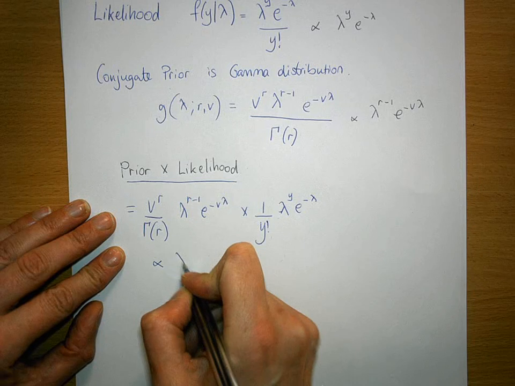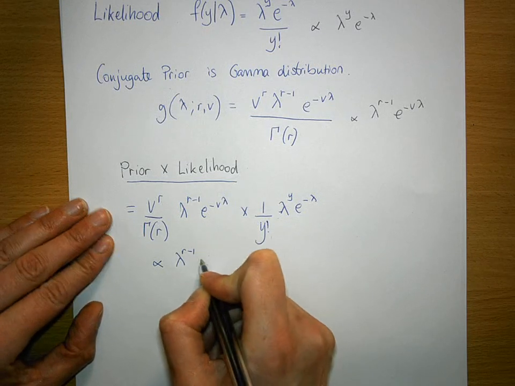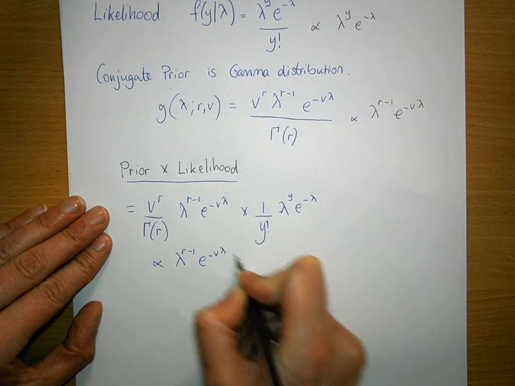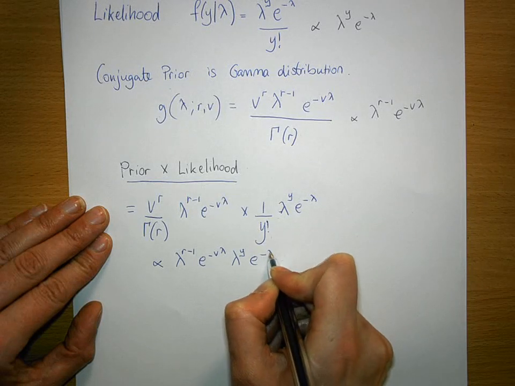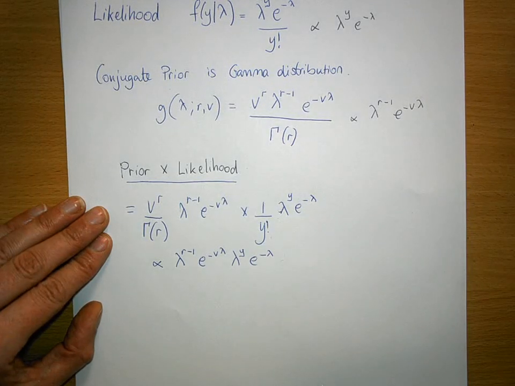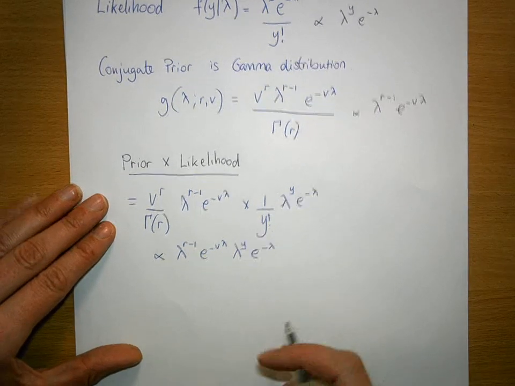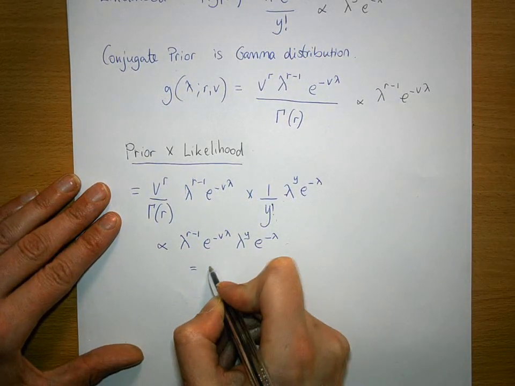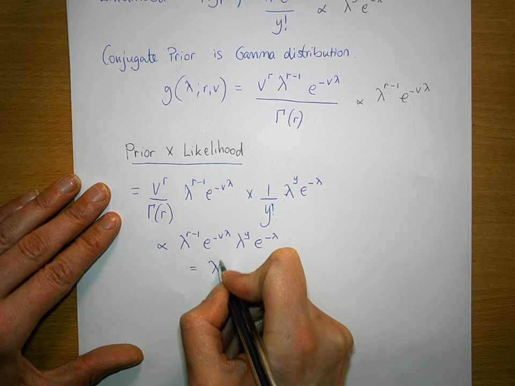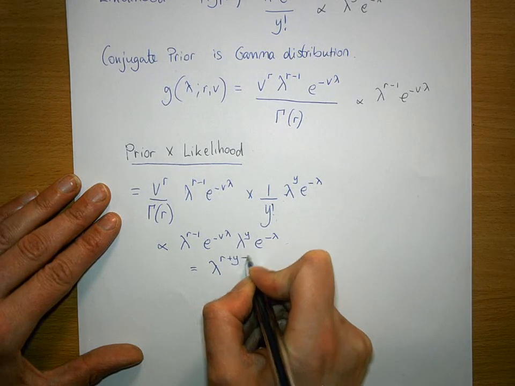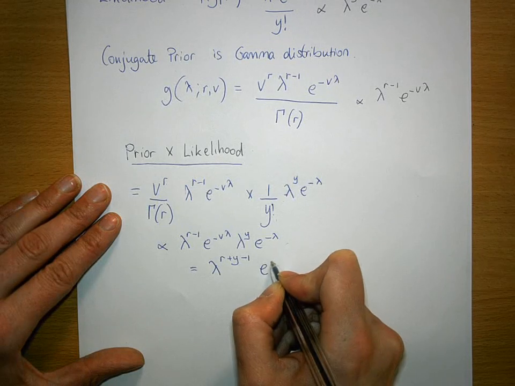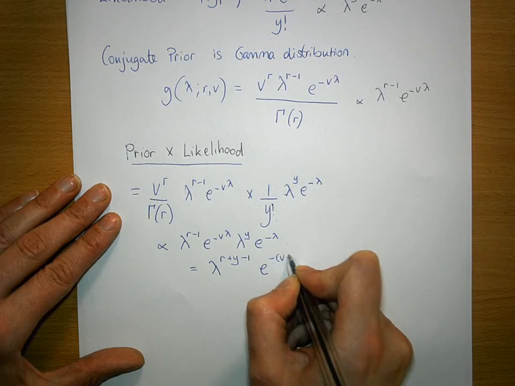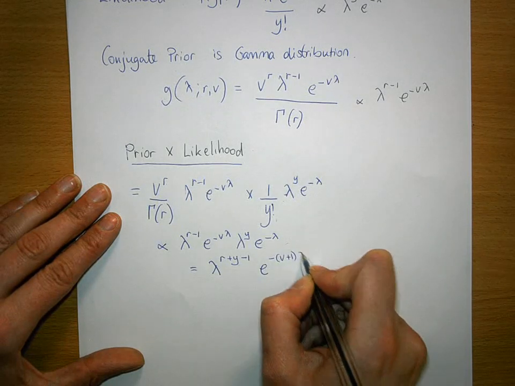So here it's proportional to lambda to the r minus 1 e to the minus v lambda, lambda to the y e to the minus lambda. And grouping similar terms together, you'd be getting this as lambda to the r plus y minus 1 e to the minus v plus 1 lambda.